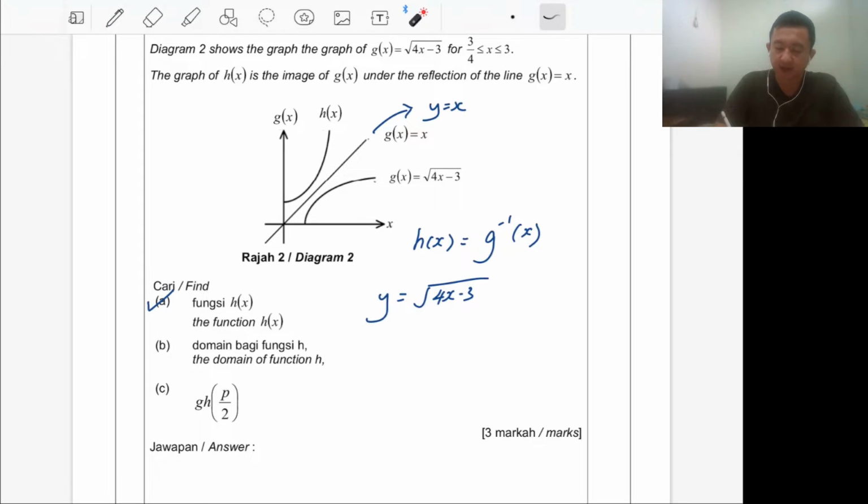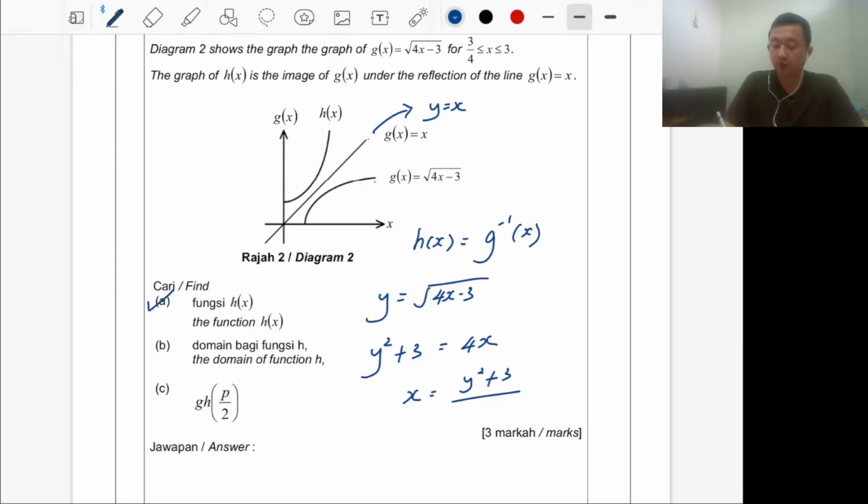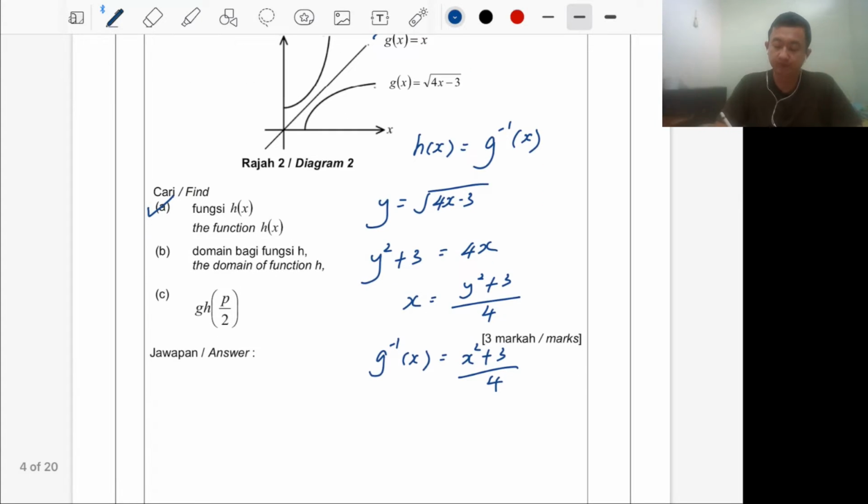Second step, make x the subject, so y squared plus 3 equals 4x, x equals (y² + 3)/4. And then change it back to x, change it back to inverse. g inverse(x) = (x² + 3)/4. Therefore, h(x), which is the g inverse, should be (x² + 3)/4.